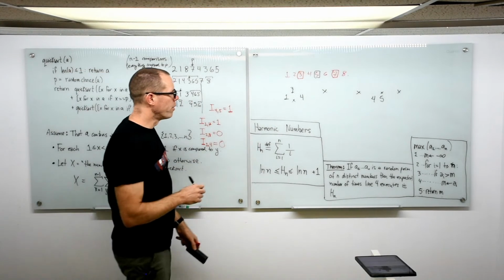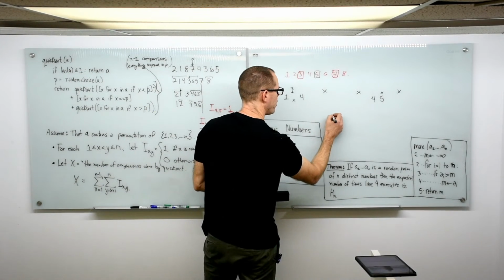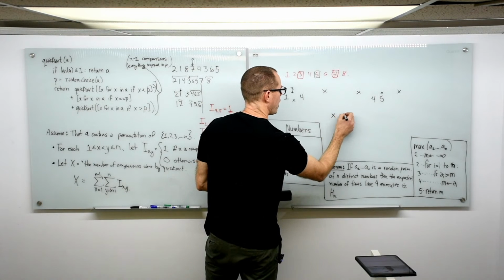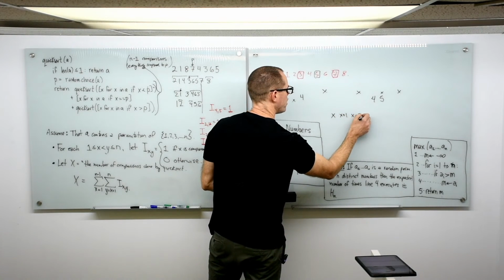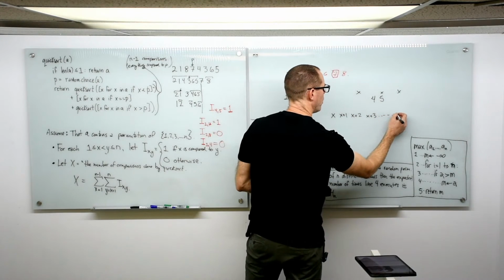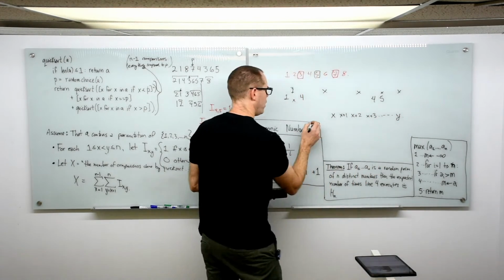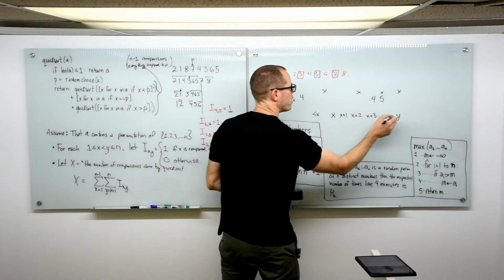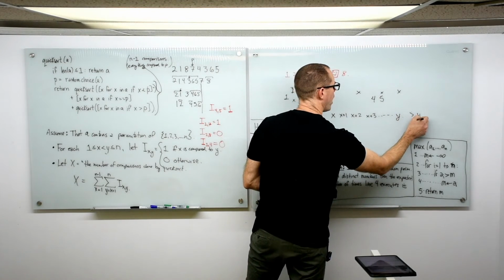So the picture in general is going to look like there's x plus 1, x plus 2, x plus 3, all the way up to y. And there's stuff that's smaller than x, and there's stuff that's bigger than y.